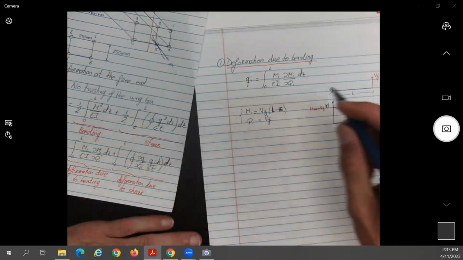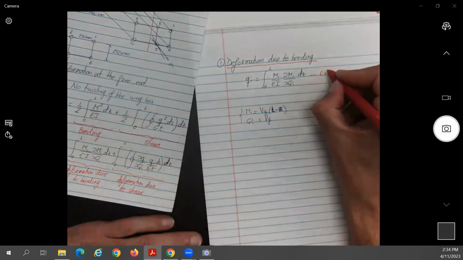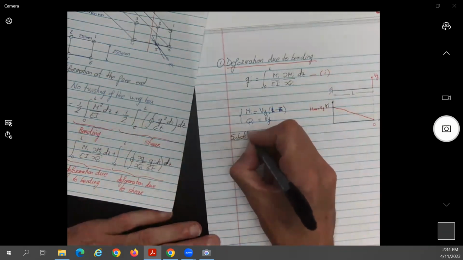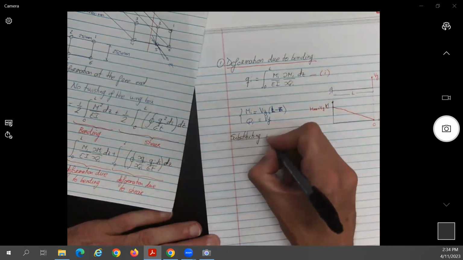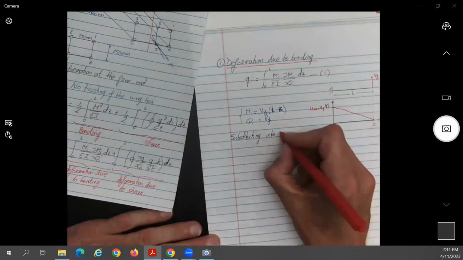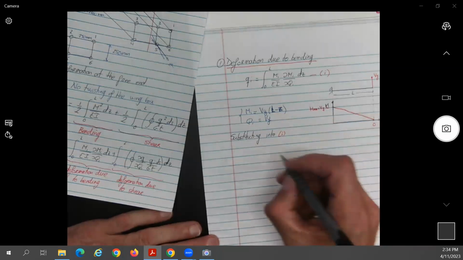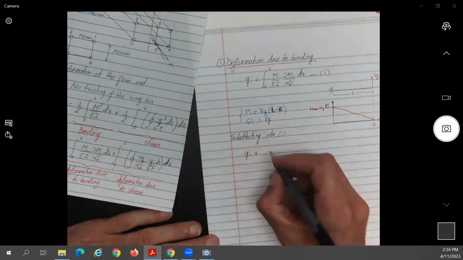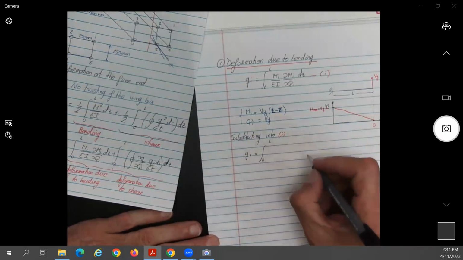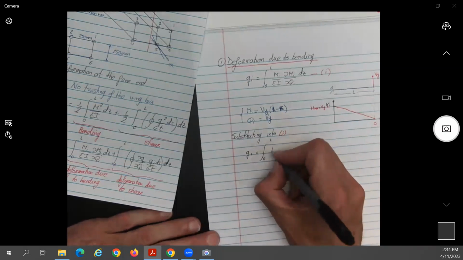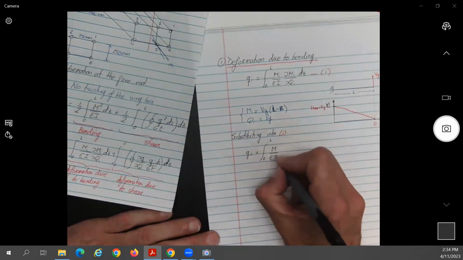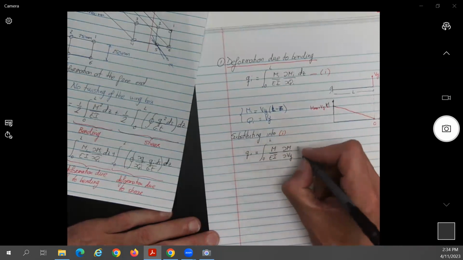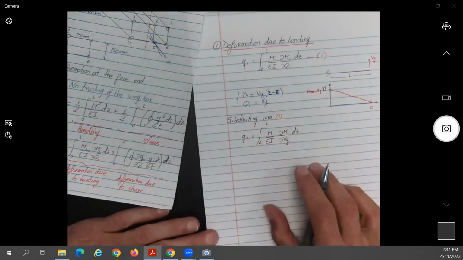All right, so let's call this equation here Roman 1, and let's substitute into 1. What do we have? Q_1 will be equal to integral 0 to L of M over EI, partial M over partial Vy, dz.